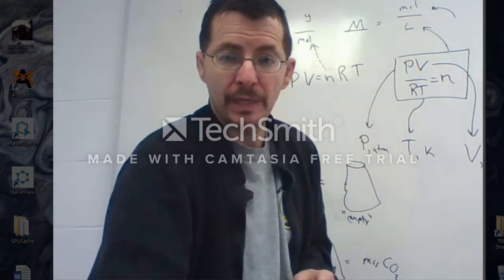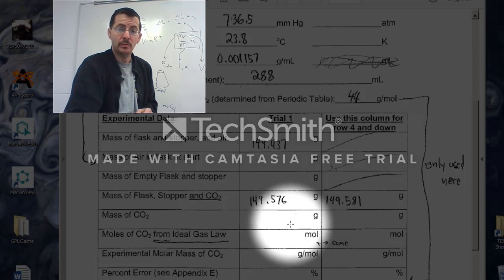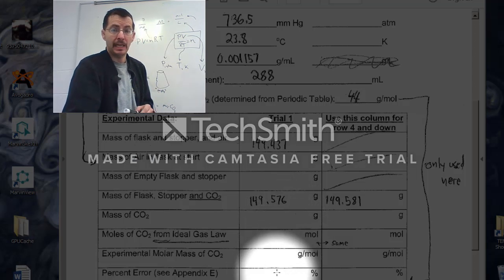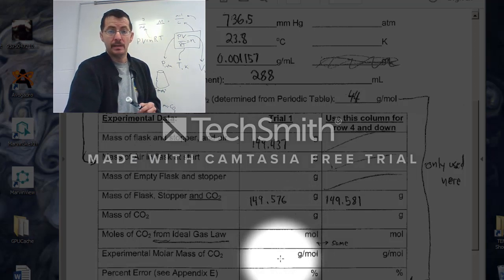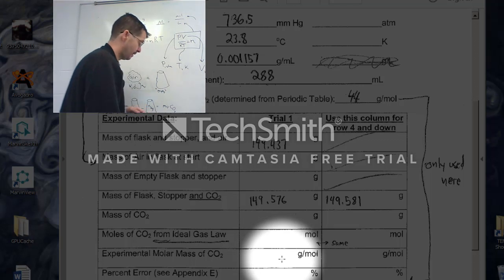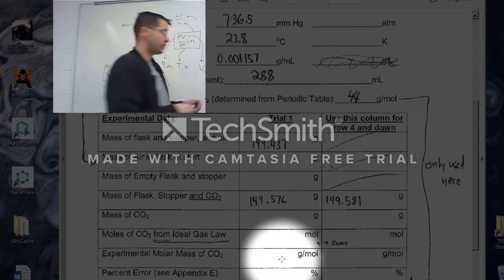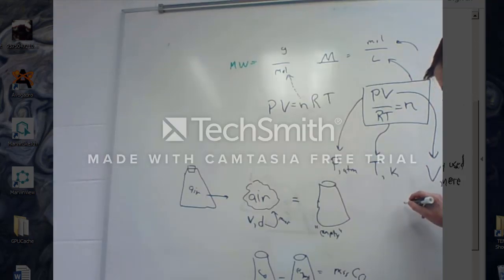So once we have that mass of CO2 and the moles, we take the mass divided by the moles, and we should be able to determine the molecular weight of CO2. Now we'll experimentally determine our molecular weight.